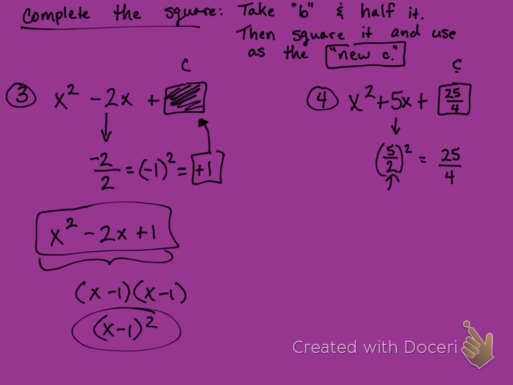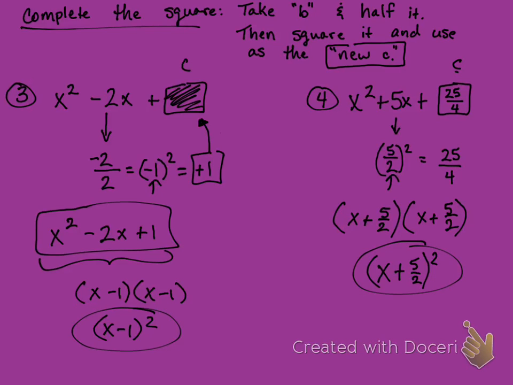Obviously, these numbers that I squared, those are our factors. So this would factor to be x plus 5 over 2 times x plus 5 over 2, or this could be x plus 5 over 2 squared if we were trying to do that.